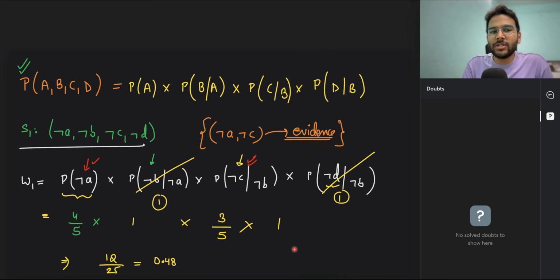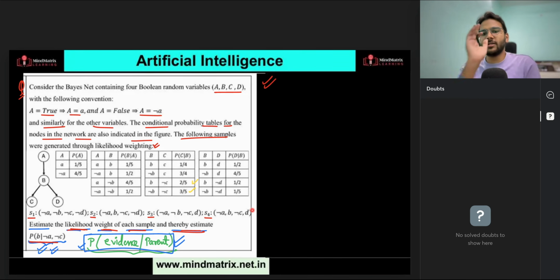So can you tell me which sample you are going to consider just by seeing the question? In the numerator, which sample weights should be there? Carefully see and let me know. One and 3. Are you sure?